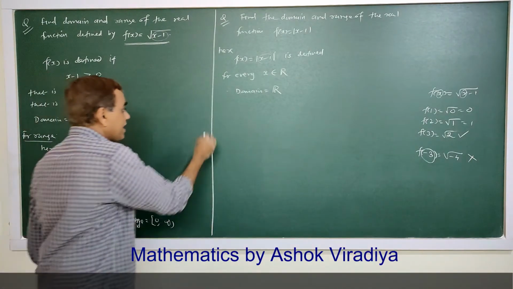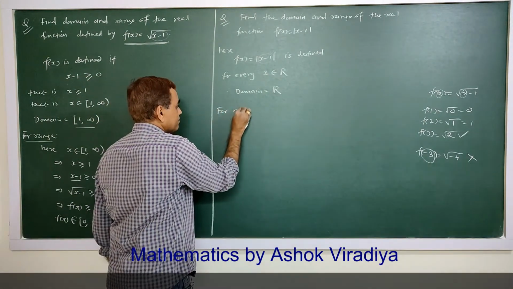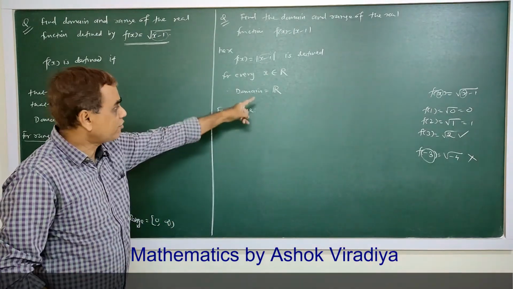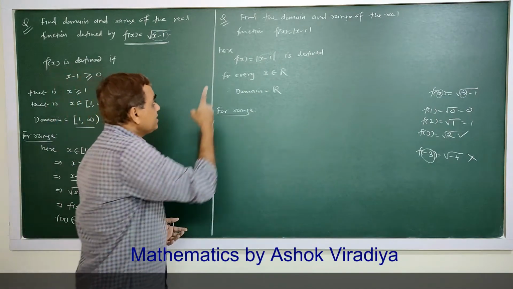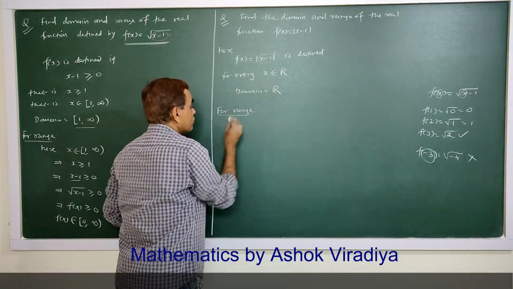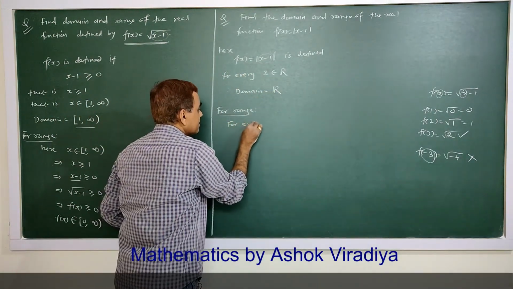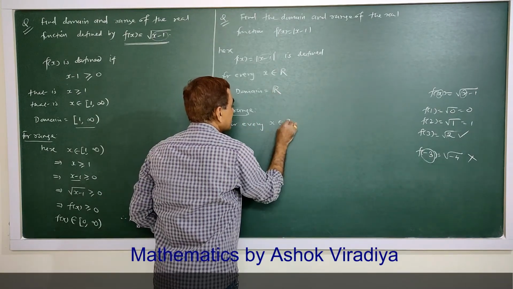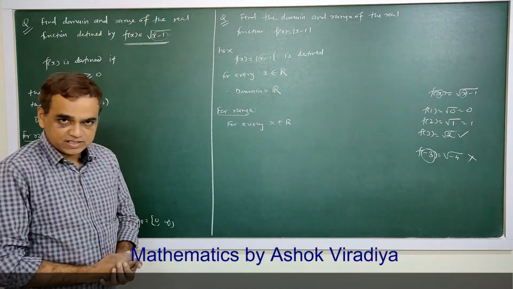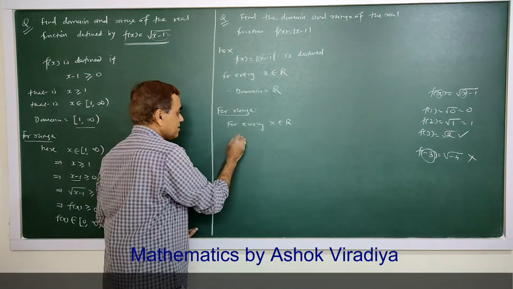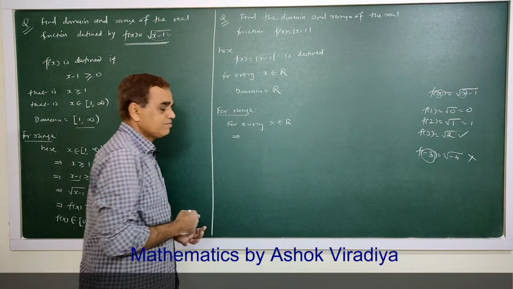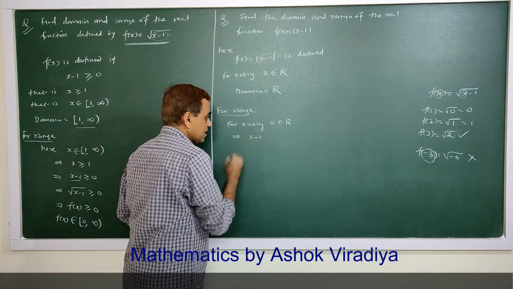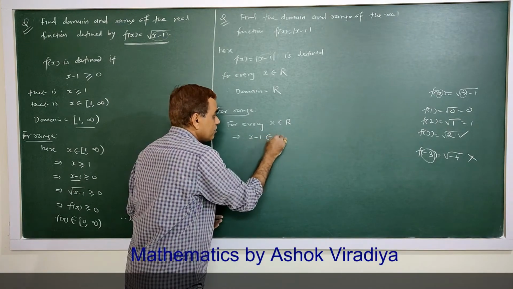Now, for range, we begin from the domain. In this machine, any real is allowed. So for every x belonging to R in the domain, if we take any x, then x minus 1 is also a real.